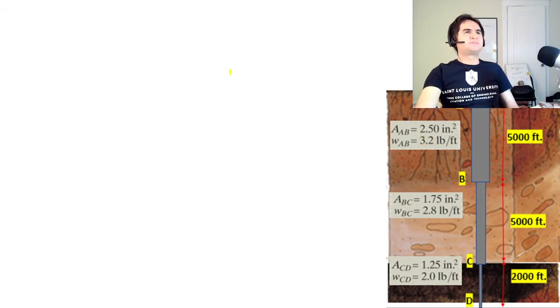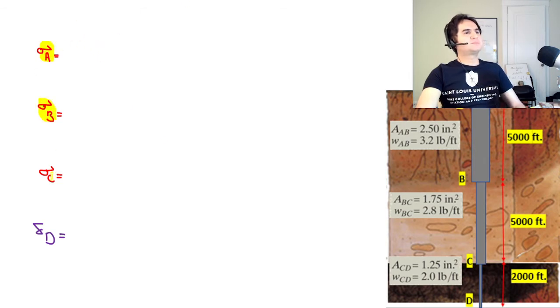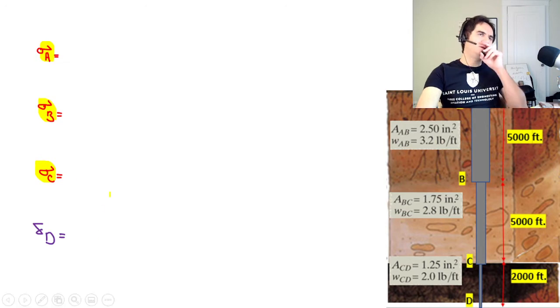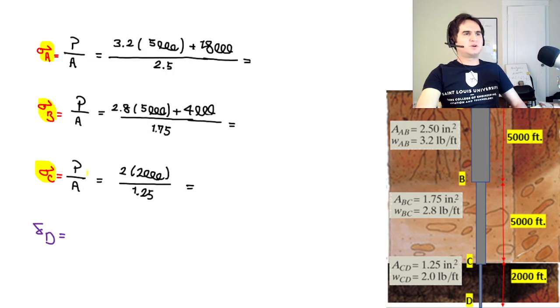Then if we want to see what the stress is inside each of these pipes, sigma AB, sigma BC, sigma CD. Start with the last one, or easiest one, which is force over area: 4,000 tensile force over a cross-sectional area of 1.225 square inches.